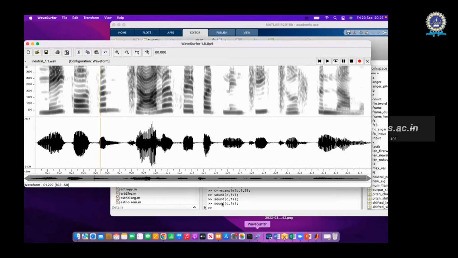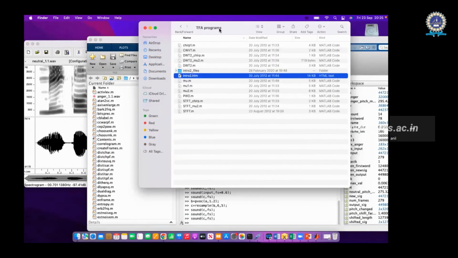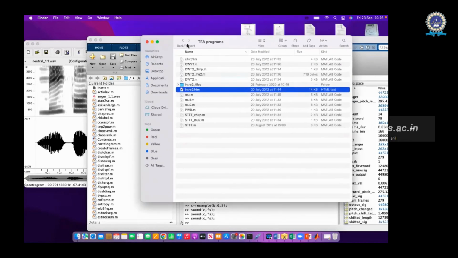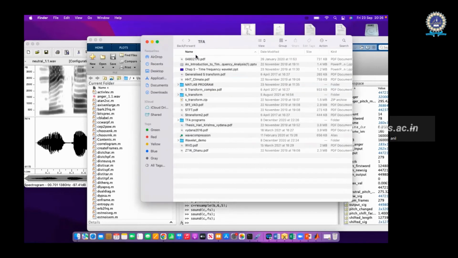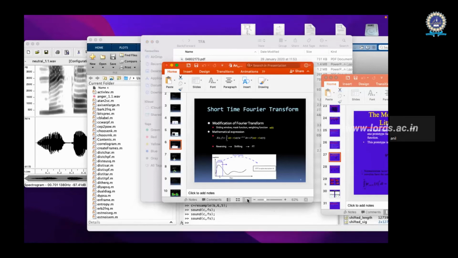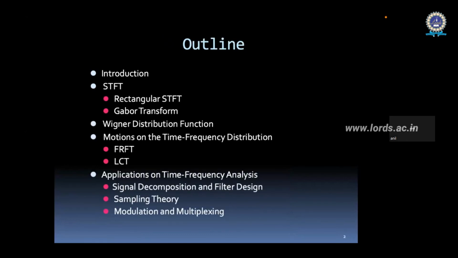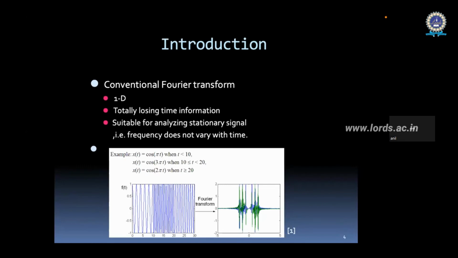This time frequency analysis, the appropriate title for this is the joint time frequency analysis, because I want to see both time versus frequency at the same time.